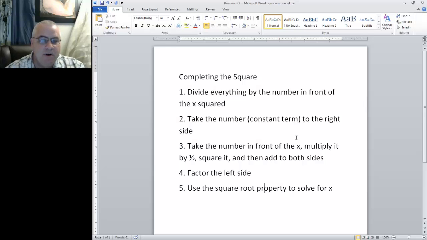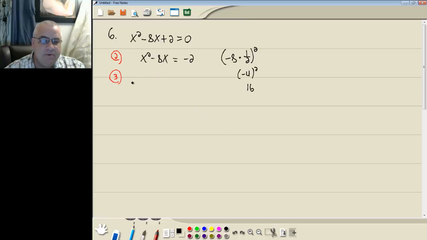Then add to both sides. So we have x squared minus 8x plus 16 is equal to negative 2 plus 16, which gives us 14.